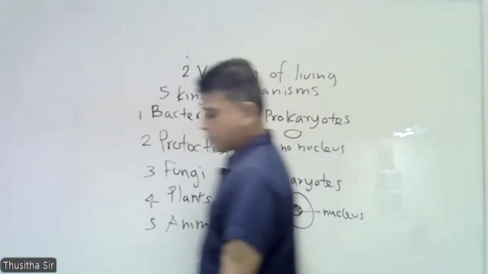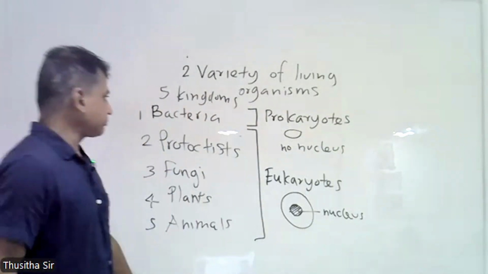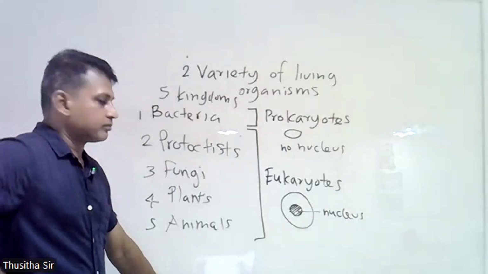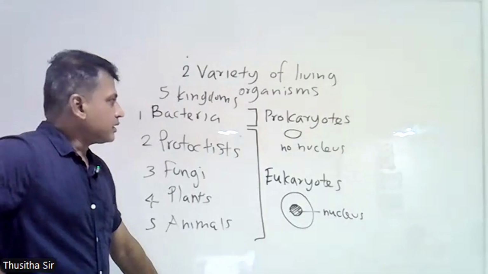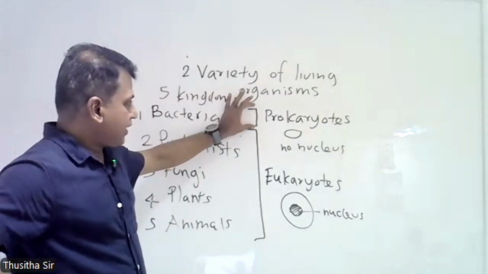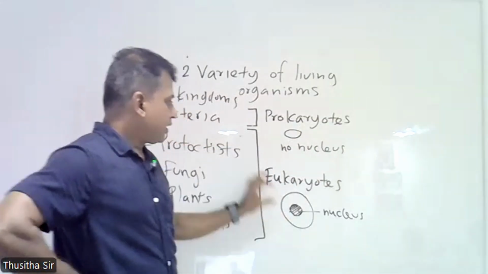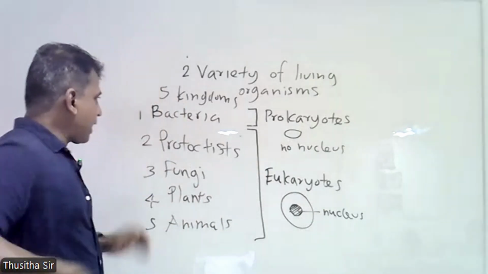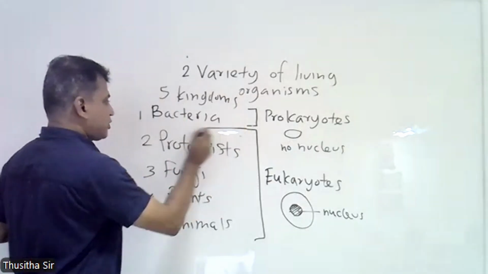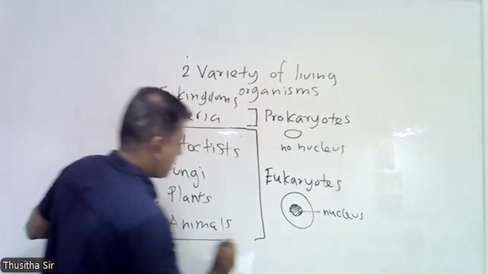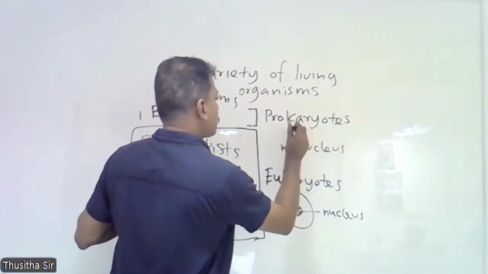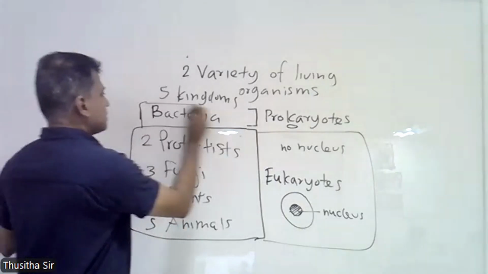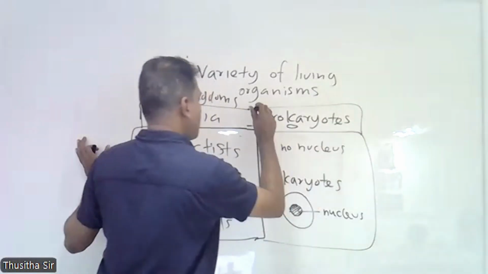So 5 kingdoms: bacteria, protists, fungi, plants and animals. And again, bacteria you can divide into prokaryotes, no nucleus, and eukaryotes: protists, fungi, plants, animals. Even whatever you can do, even this is fine. Prokaryotes like this. So any decorations you can do.